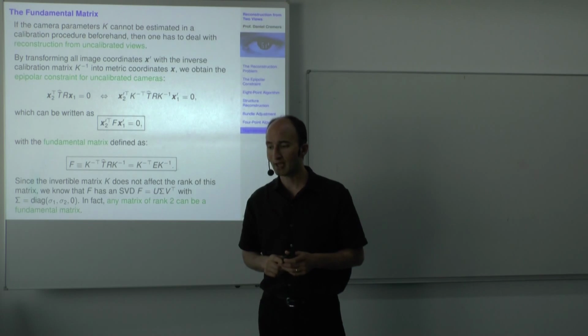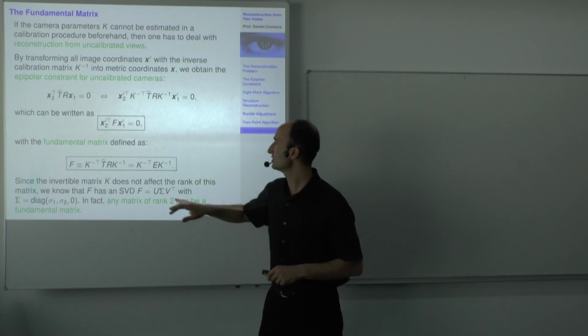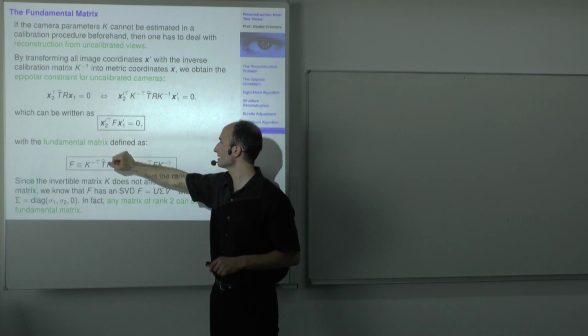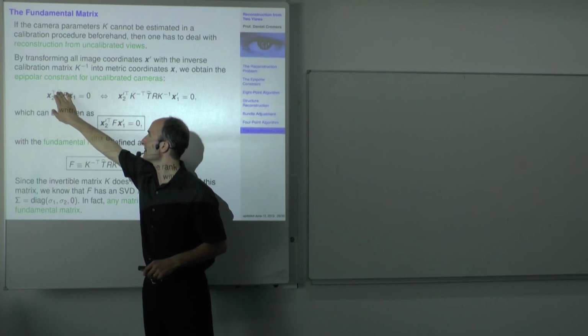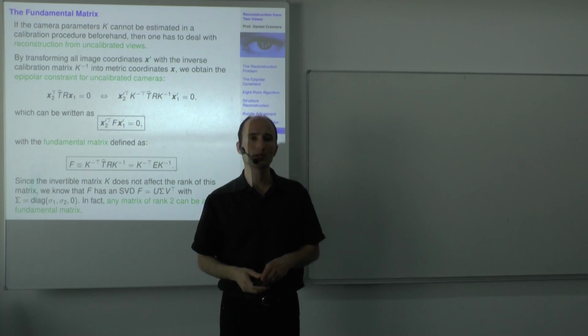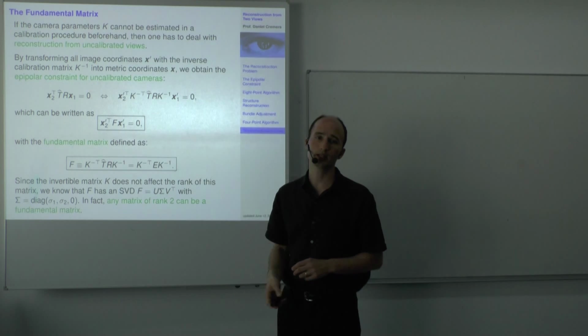And in fact, you can imagine what we did in the 8-point algorithm is we used a number of such constraints, and then we estimated this matrix E in between, and then we determined from E translation and rotation.